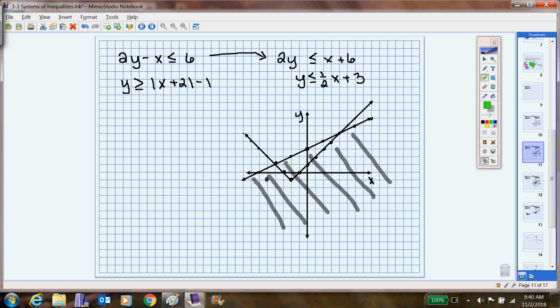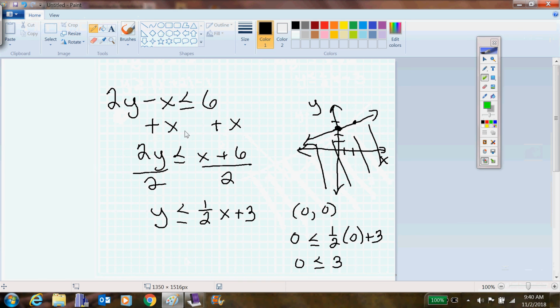If we did pick a test point and we plugged in 0, this is why I use the paint. So 0 is greater than or equal to the absolute value of x plus 2, so 0 plus 2, minus 1.